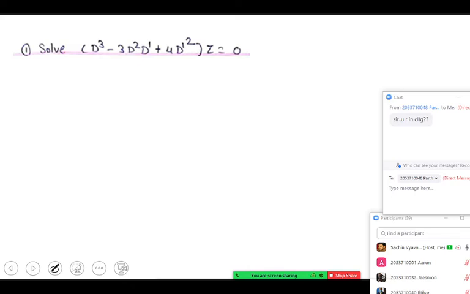Once anyone completes, you can tell me. Yes, anyone? Anyone got the roots?